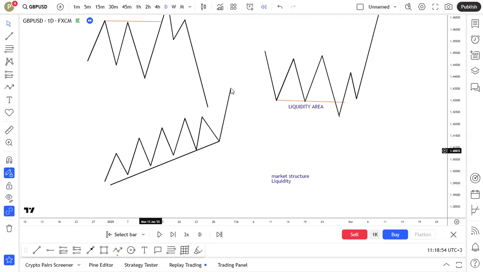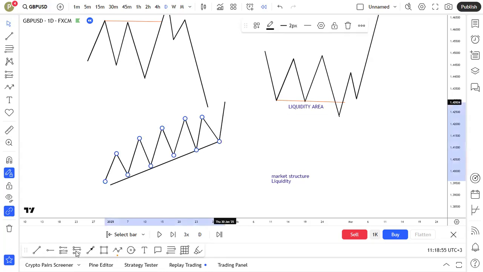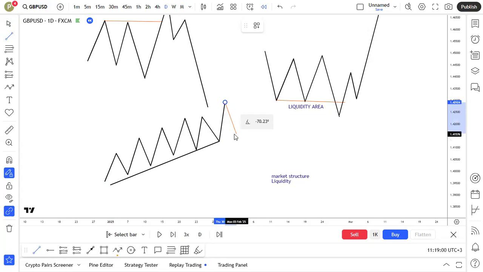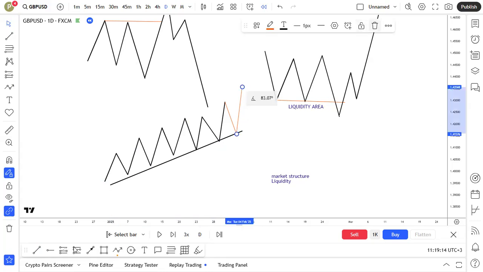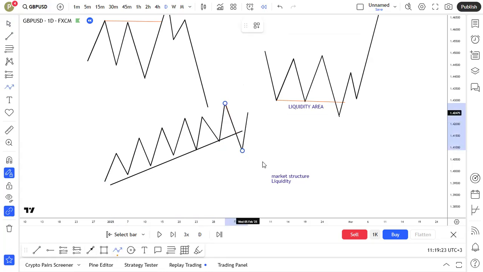Someone may be expecting price will come down here and reverse from there, or that price is going to tap again on this trend line and we're going to go lower. But what's going to happen is that price will actually use that as liquidity and sweep it like this, something like this, and maybe something like this.